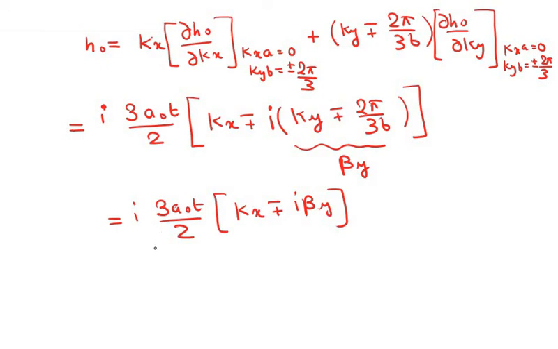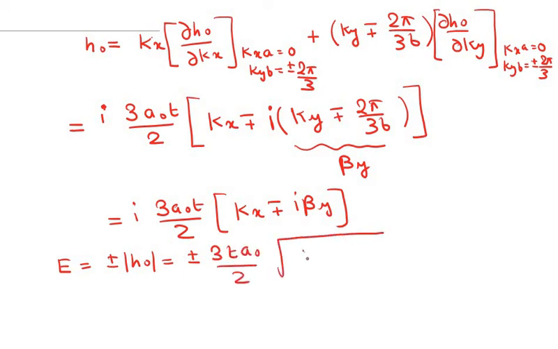Now we know that the energy E, this we have done earlier, so I am not repeating those steps again. So this is equal to plus minus mod of H0, which is equal to plus minus 3ta0 divided by 2 root over kx square plus beta y square, and this beta y is nothing but ky minus plus 2 pi by 3b.